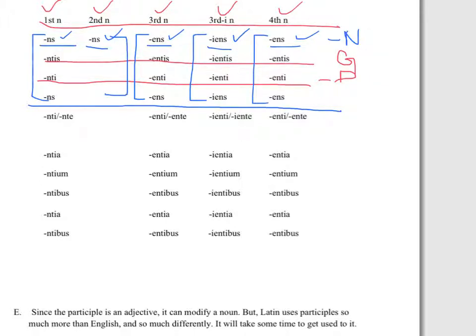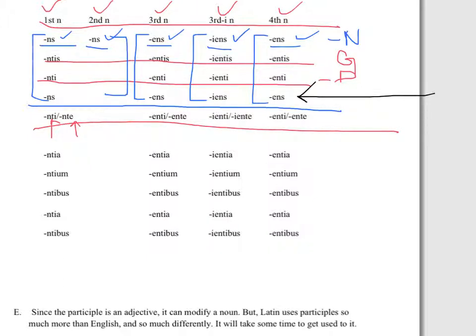That is not true for the masculine and feminine forms. So the one major difference is that the accusatives are the exact same as the nominatives. That is not the case for the masculine and the feminine. And then for the ablative, there are no surprises. You end with either the -i or the -e, and it follows the regular pattern of the masculine and feminine as shown above.